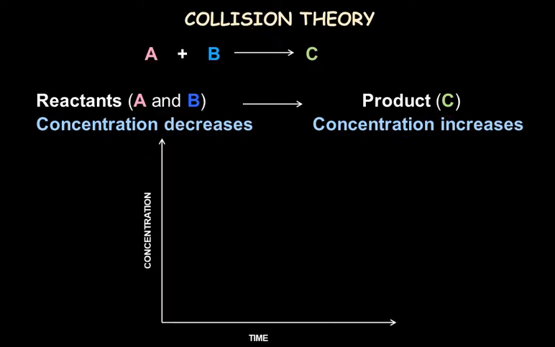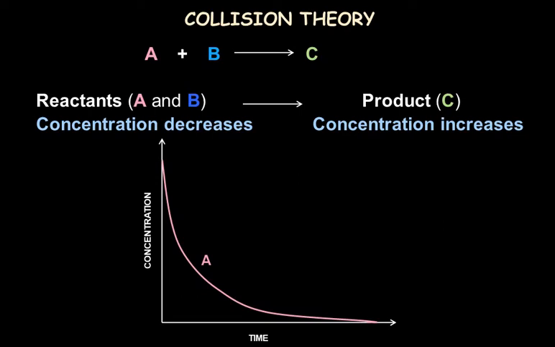So let's understand what happens during the reaction to the concentration of reactants and products in terms of a line graph. As the time increases, that is, as the reaction proceeds, the reactants A and B are higher in concentration at the starting of the reaction, and then it decreases during the reaction.